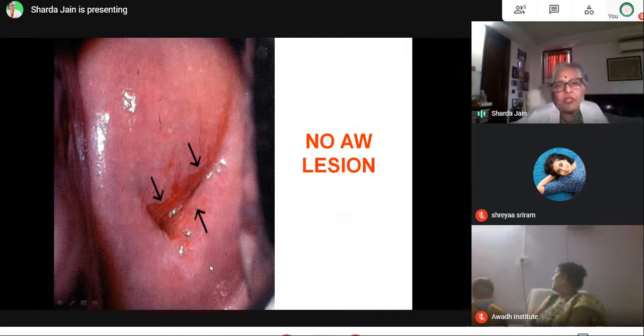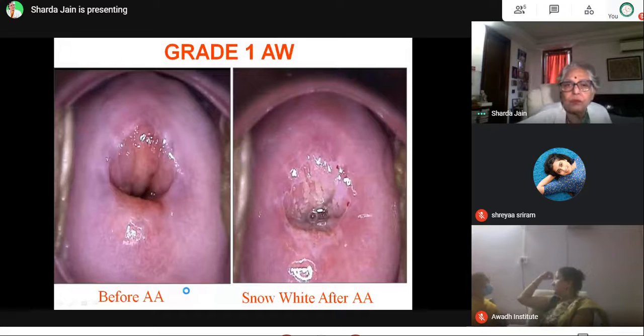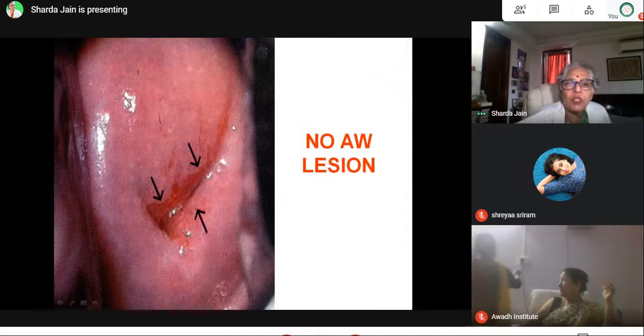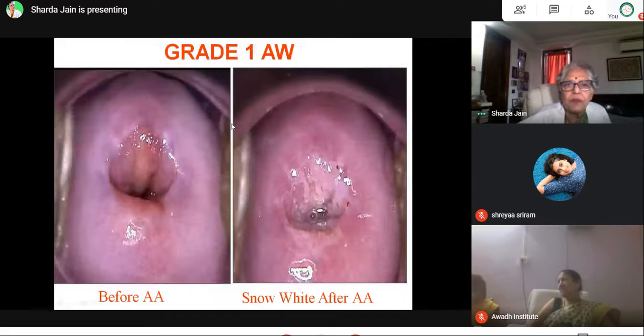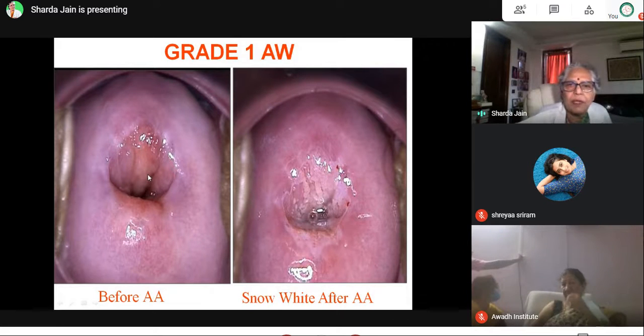Now, in this patient, no acetowhite lesion appeared after applying acetic acid. Done. But you can see the small transformation zone in this particular patient. Now this is another patient; you can see a little ectropion, before acetic acid application, and this is after acetic acid application.